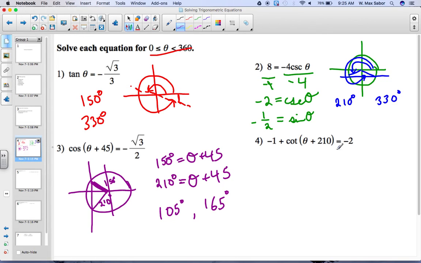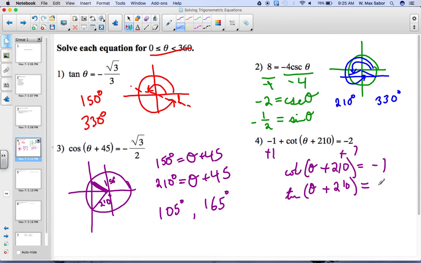Over here, we can add 1 to both sides. So cotangent of theta plus 210 equals -1. This is the same thing as saying tangent of theta plus 210 equals +1. So where is tangent equal to 1?